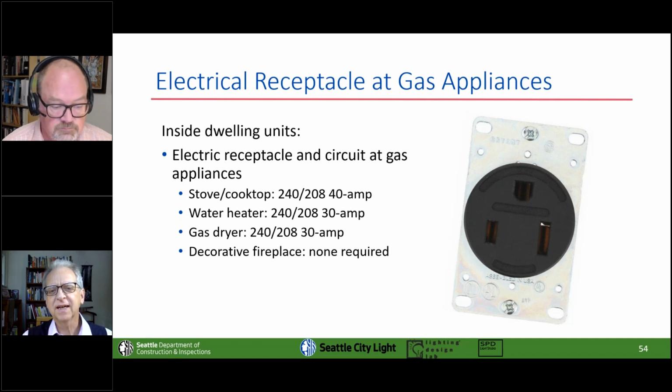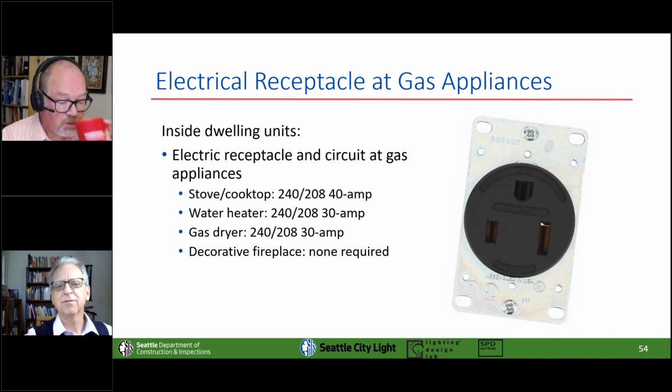There are certain high-end places that do put gas kitchen equipment in an apartment. If you do that, it hasn't been prohibited yet, but you've got to have a fully functioning receptacle and circuit right there so that at any time in the future that can be swapped out for something electric.